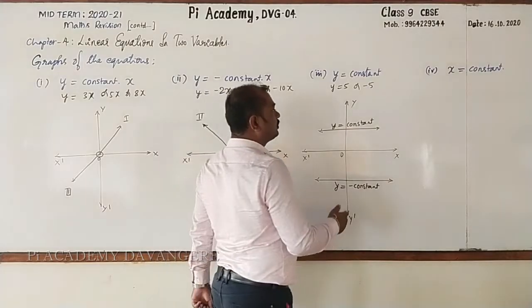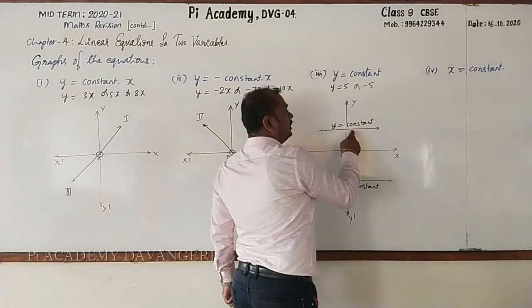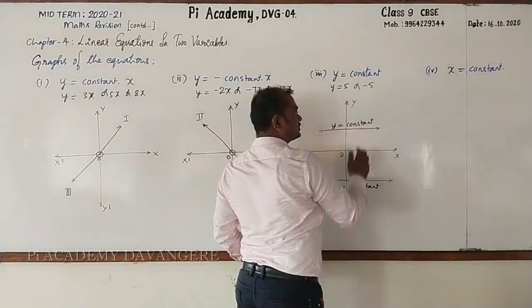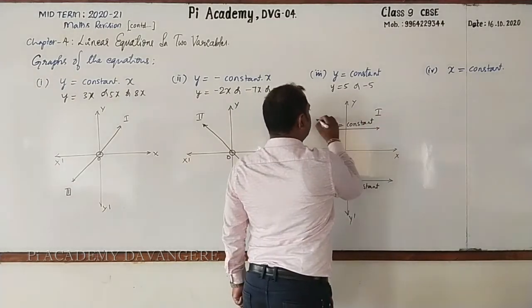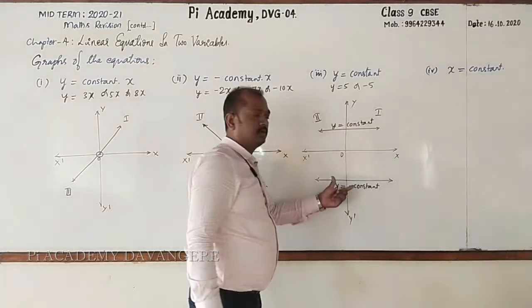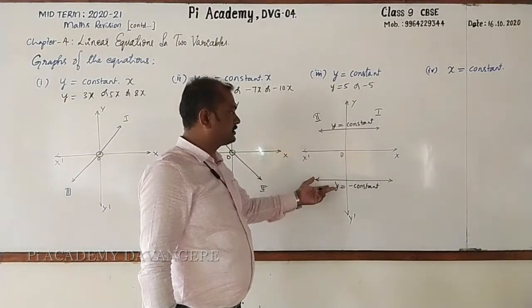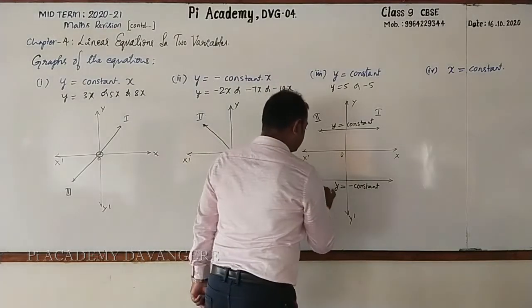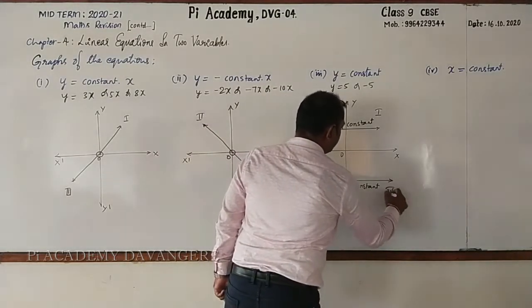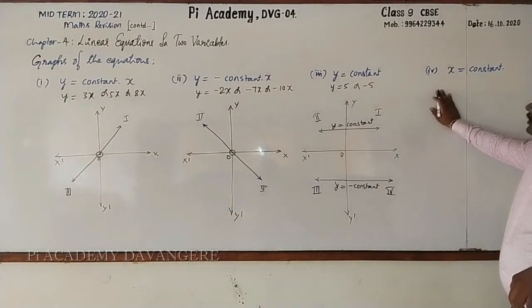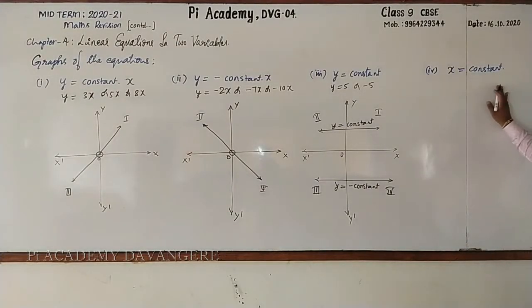Or if you want to name the quadrants, y equal to a positive constant passes through the first and second quadrants. Next, y equal to minus constant is parallel to the x-axis, but it passes through the third and fourth quadrants. Got it?